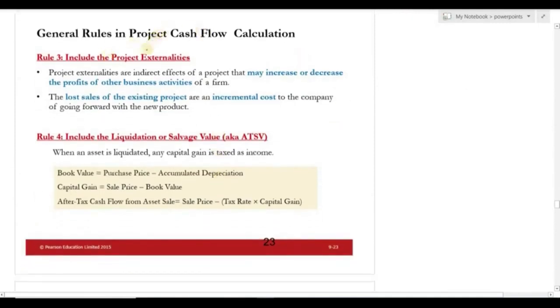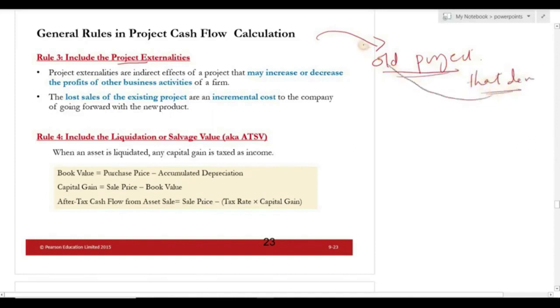Okay, so project externalities are, for instance, if we had some old project, because of the new project, what is happening, the old project, we have to sell it, or maybe the sale of the old project is decreasing. So that particular decrease in the sales should be accounted for in the cost, right? We will have some examples also, we will see how to do that.